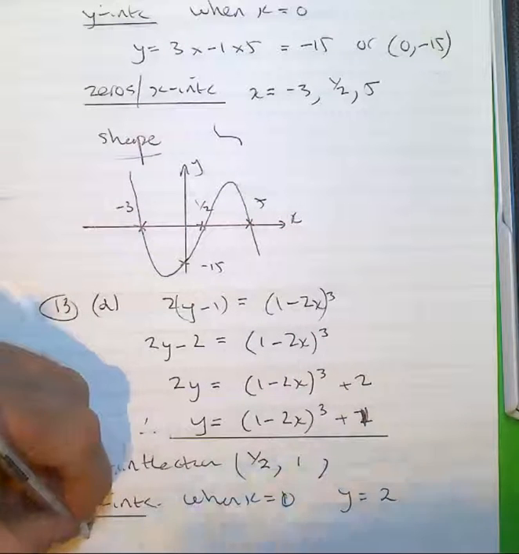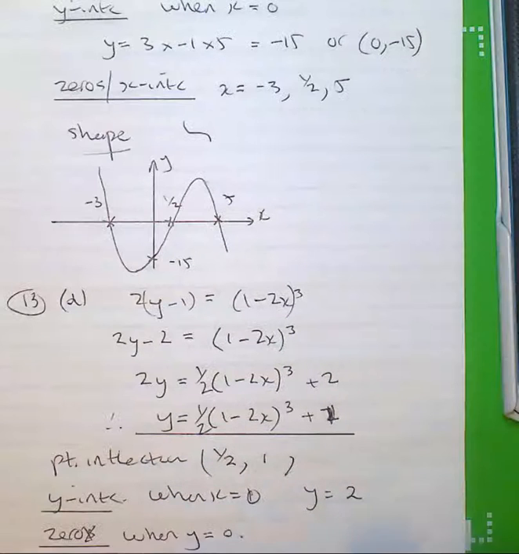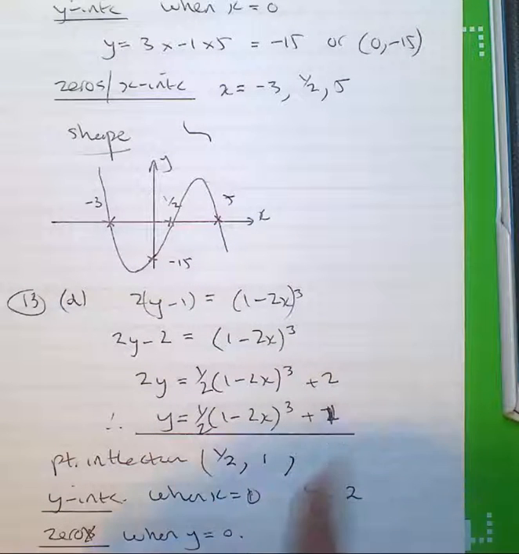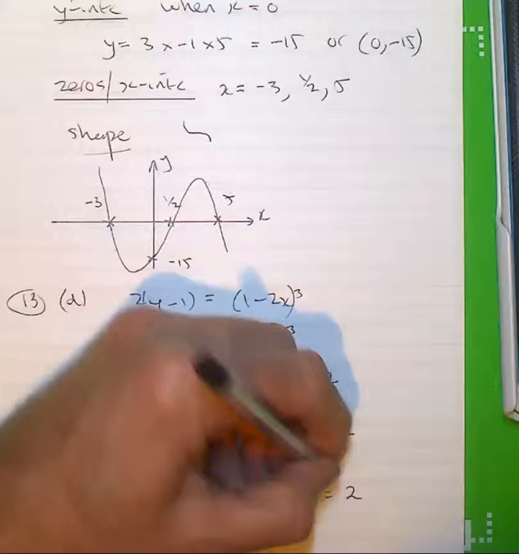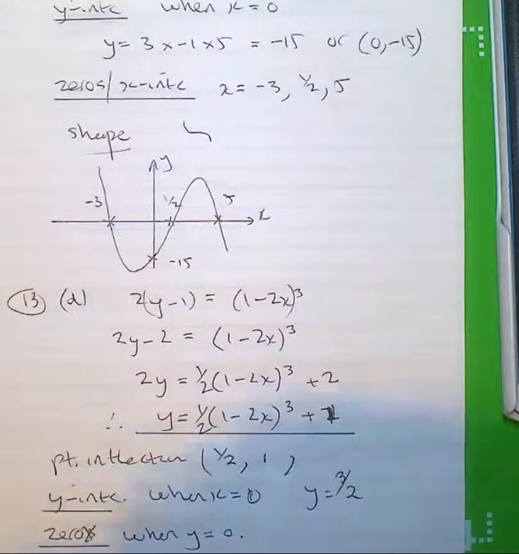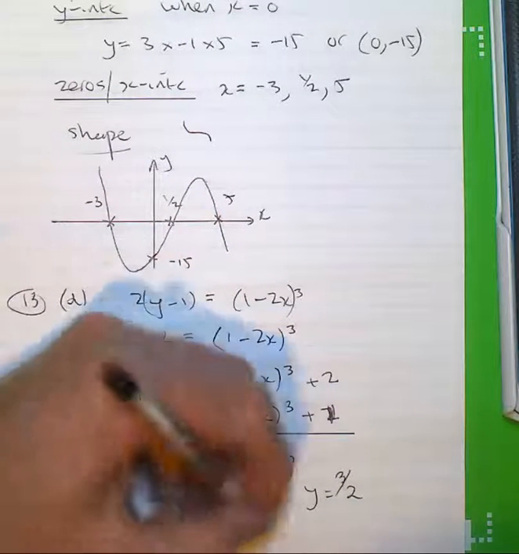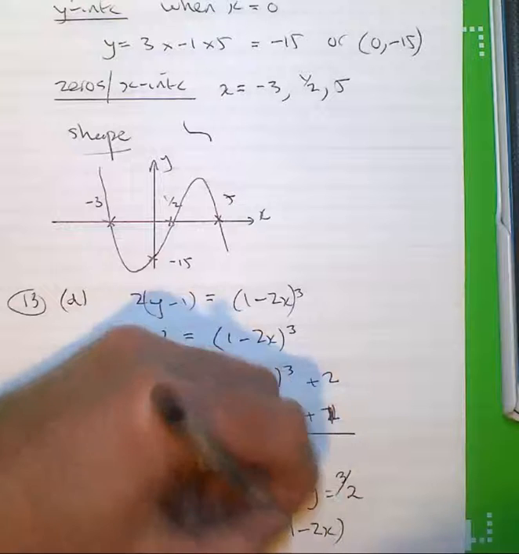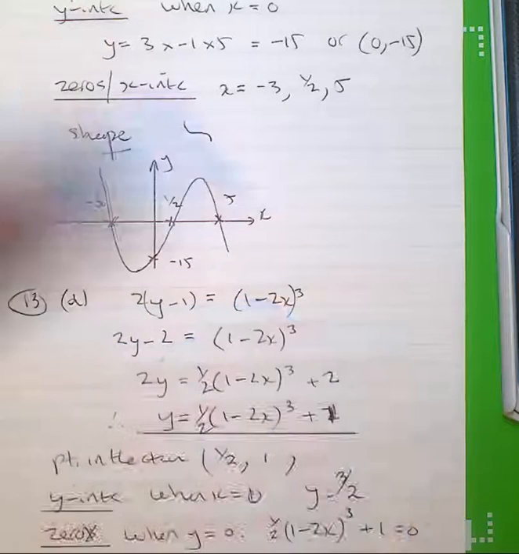And to find the zeros, so I've just realised I made a little error. That, of course, should be 3 over 2 for that to work. Now, to find the zeros, that's what happens when y is equal to 0. I end up with 1 minus 2x cubed plus 1 is equaling 0.